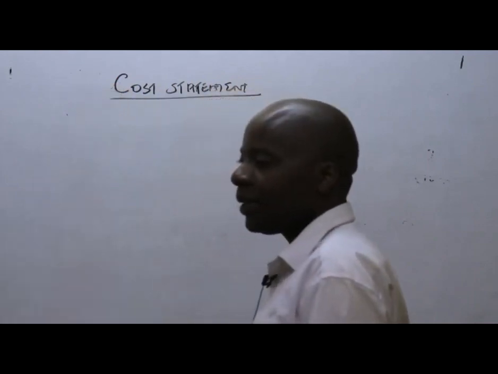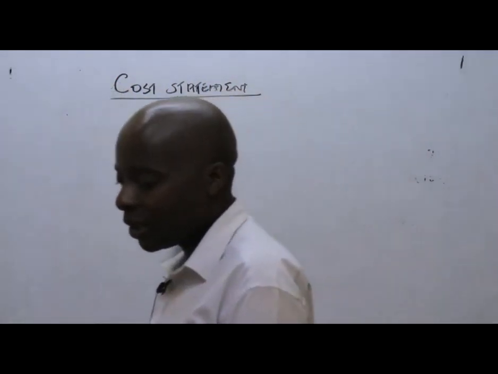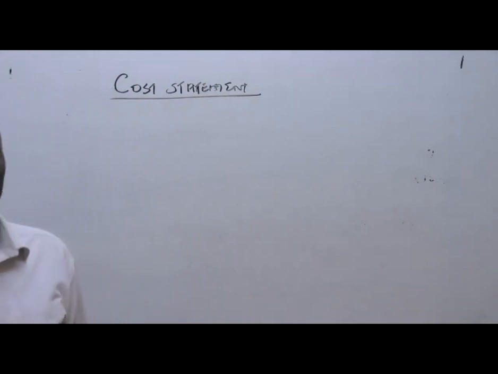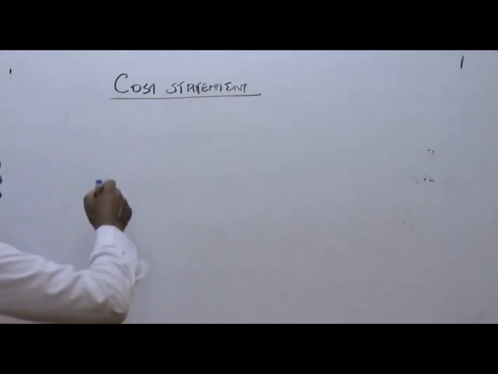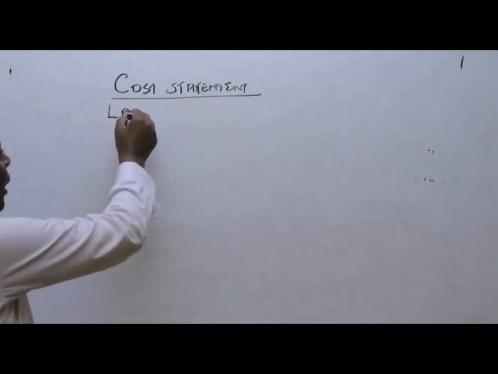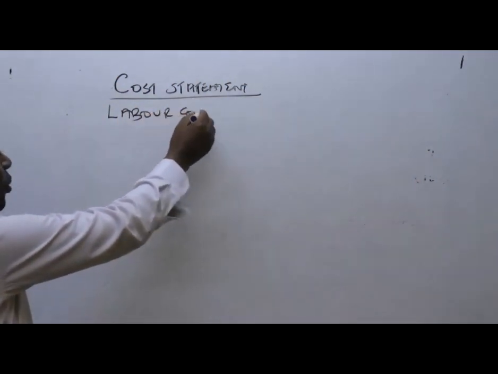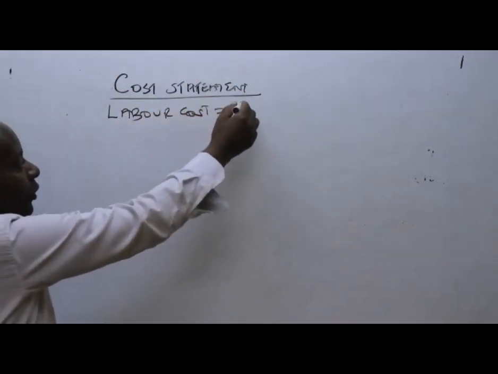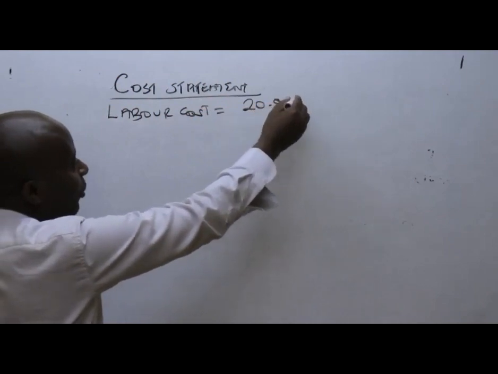So for the cost statement, ladies and gentlemen, what do we have here? Number one is the labor cost. I'll start with it so I don't forget it. The labor cost for each chair is 20.95.